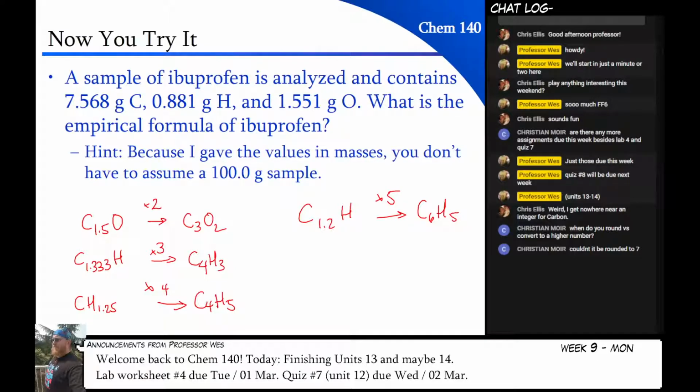Because remember, this over here is an empirical formula, right? But if I divide by the smallest number, I get a fraction. If I round this to just this, these are not the same thing. So you cannot do that. Don't round fractions when dealing with the empirical formula. Only round if you are extremely close to an integer.